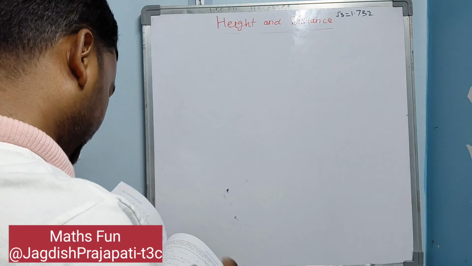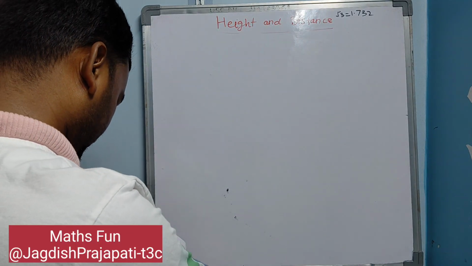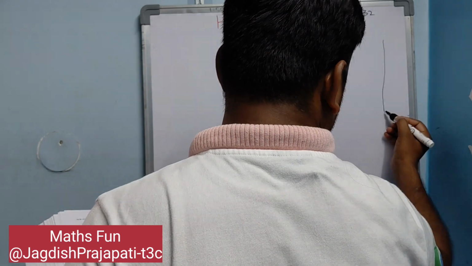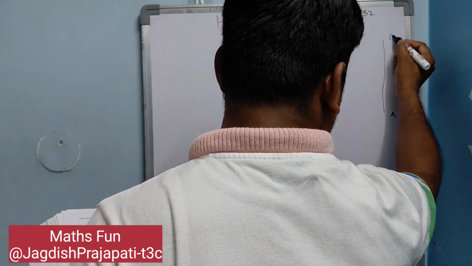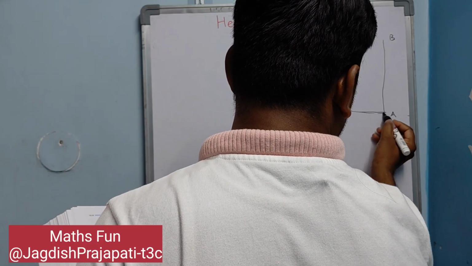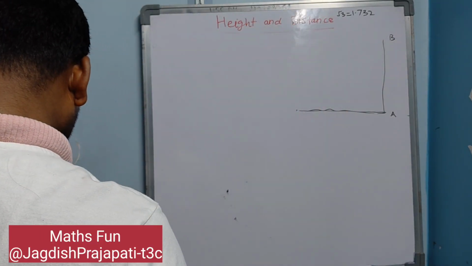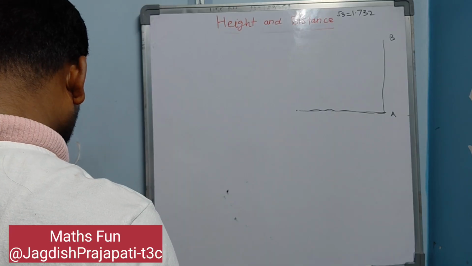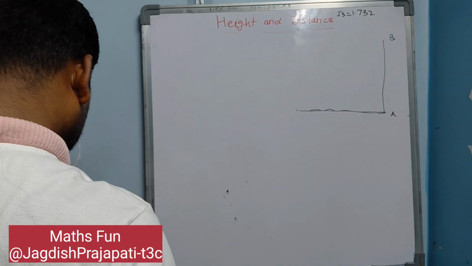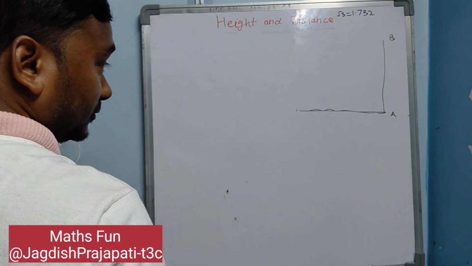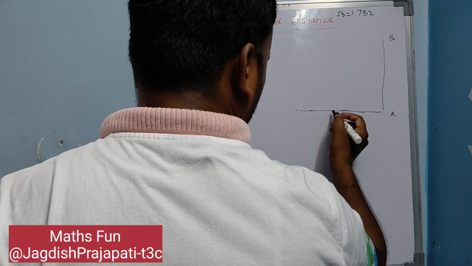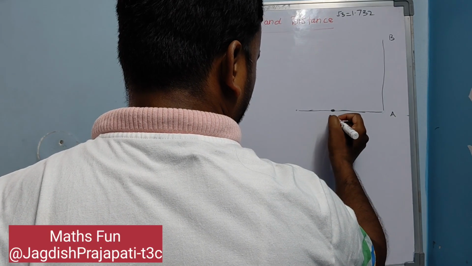Okay. So let's say AB is the tower. So this is our ground. Okay. So the level is same. Let's say this is the point.